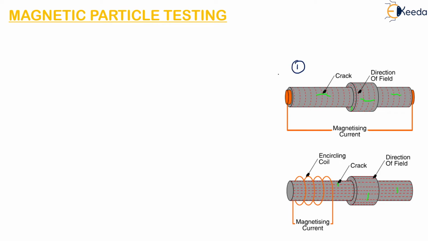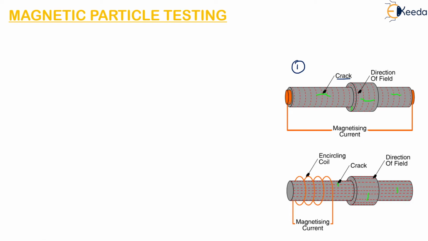So here both of them are indirect methods, and this is the first form in which we are passing a high current through the coil which is wound around the component. So if this is the component, and you can see here there are indications like a crack, then there is a direction of the field. If this is the crack, the direction is perpendicular to this field.